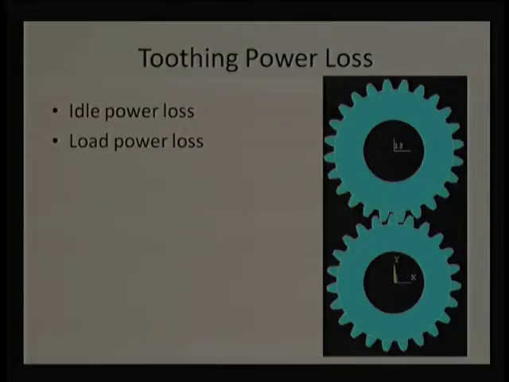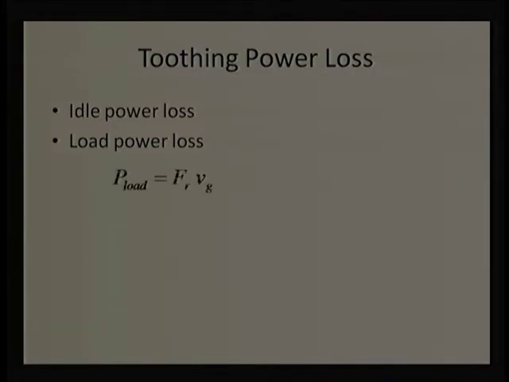The other one is load power loss. This kind of power loss depends on how much load we are applying. More load means more power loss. To simulate this, we use a relation P_load = F_r × V_g, where V_g is the sliding velocity. With the rolling velocity, we are not considering a power loss.